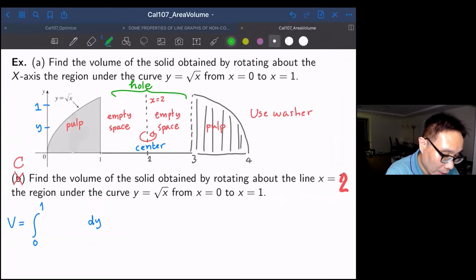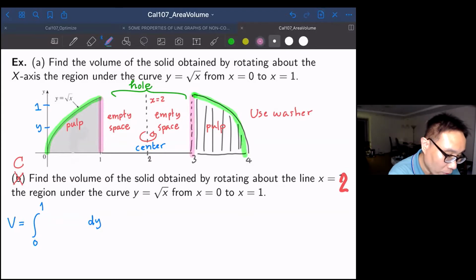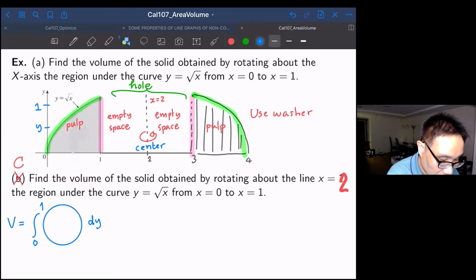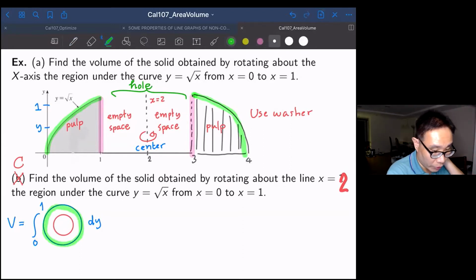Like I said, I'm gonna have the green, which is the outside layer of your washer, and the pink. So let me draw the picture like this, and another picture inside. This one gives you the green, and the inside is the pink one.